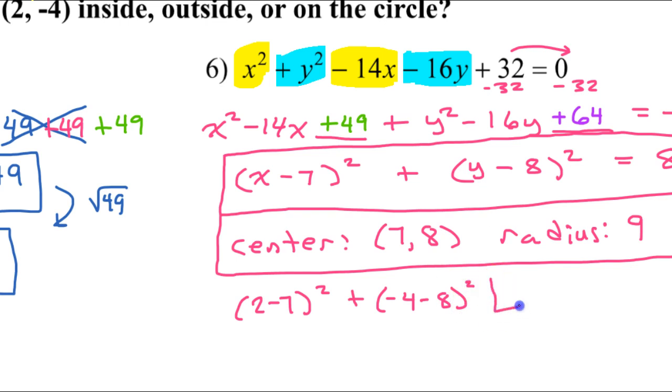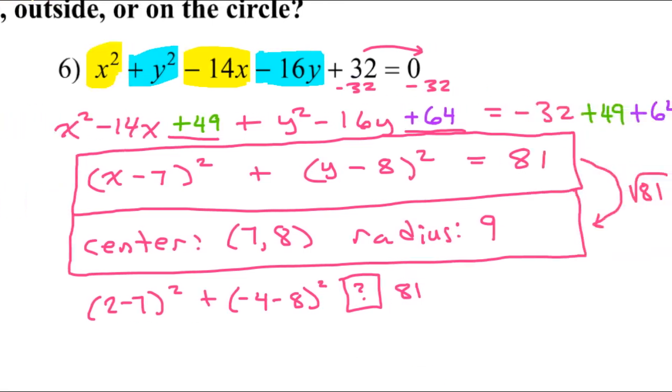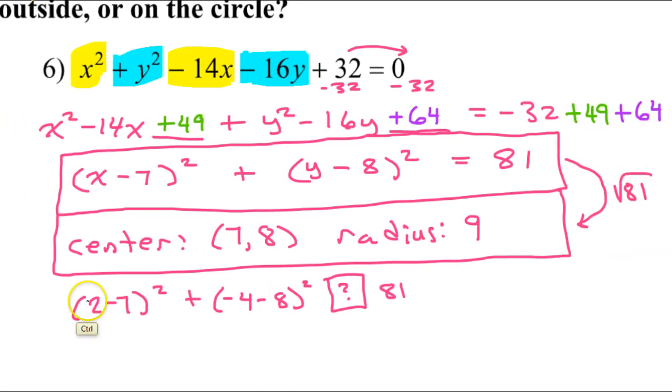And I need to check and see how does that compare with 81. All right, if this value turns out to be equal to 81, that means that the point is on the circle. If it turns out to be less than 81, that means it's sitting on a smaller circle, so the point would be inside the circle. And if this value is larger than 81, that means it is sitting on a larger circle, so it will be outside the circle.